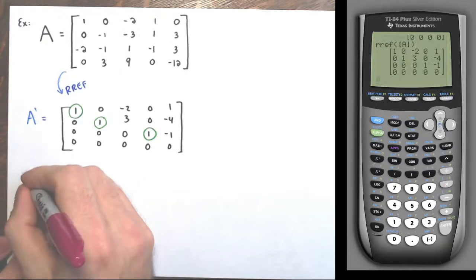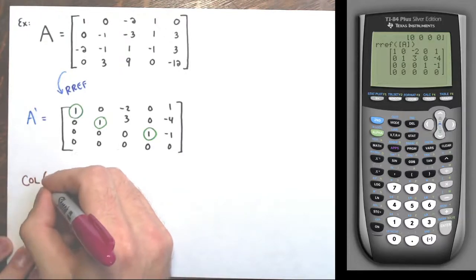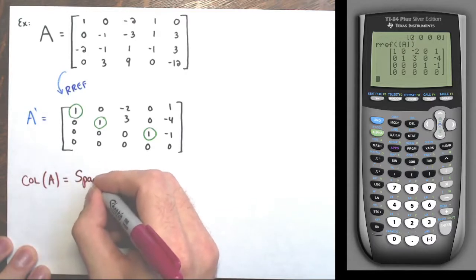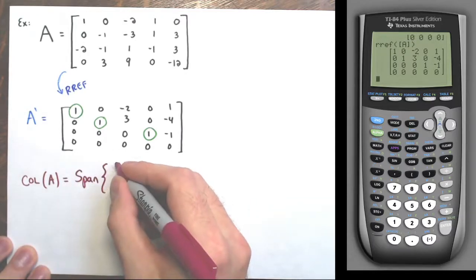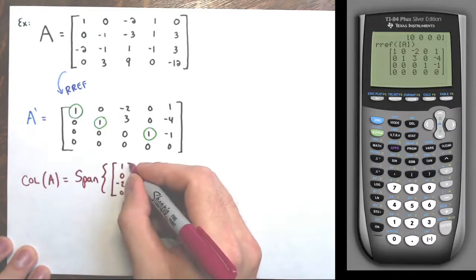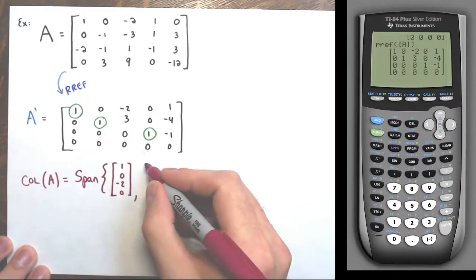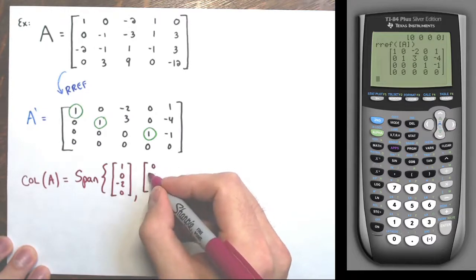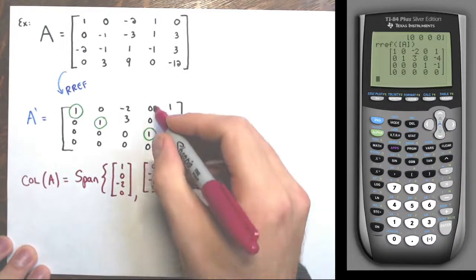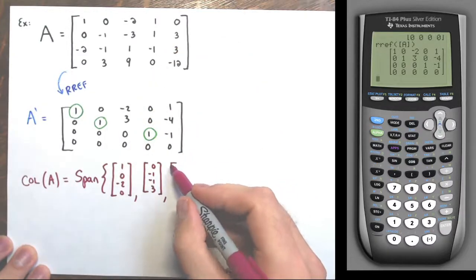So the column space of A is the span of those three vectors: 1, 0, negative 2, 0. The second one, 0, negative 1, negative 1, 3. And the fourth one, 1, 1, negative 1, 0.